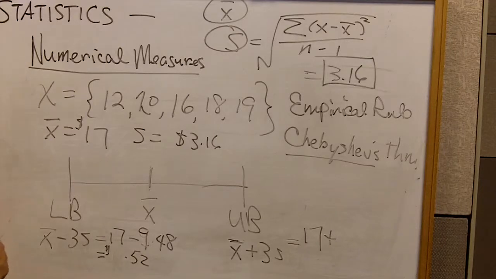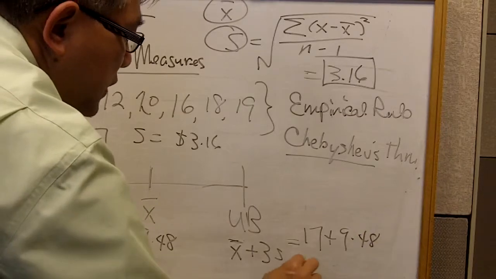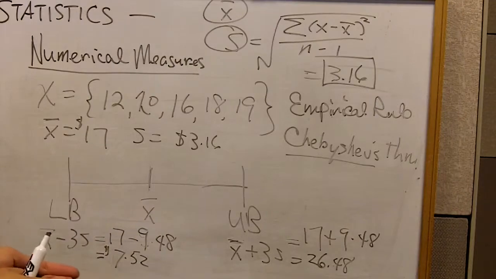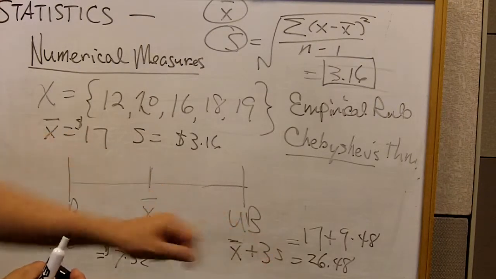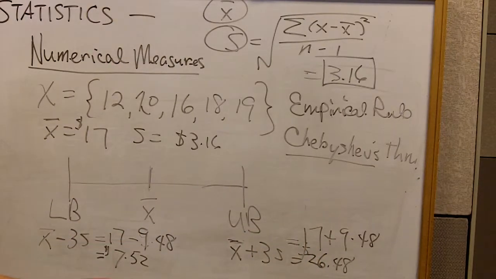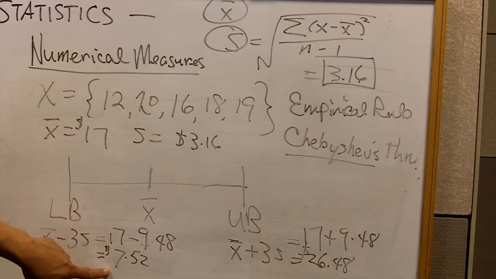So the 17 minus 9.48, I believe, is 7.52, and here is 17 plus 9.48, so that gives us 26.48. So basically, using the empirical rule, we're saying that if anybody has an hourly wage that is worth more than $26.48, that represents an outlier. Looking at these 5 values, we don't seem to see anything that's falling below 7.52 or going above 26.48.